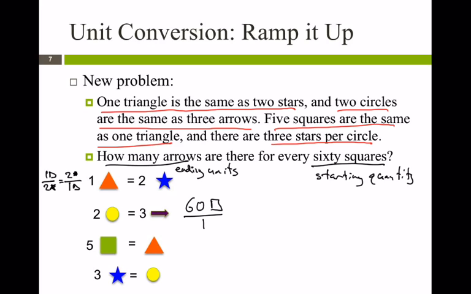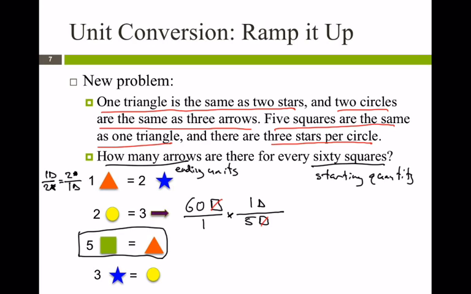So the first thing that we want to do is try to convert our squares into another unit, and it looks like the only one that includes squares is this one here. So we have 5 squares, 1 triangle. So now we've converted between squares and triangles.